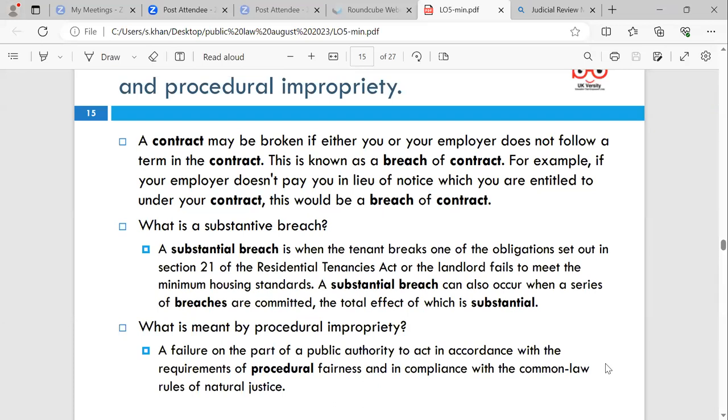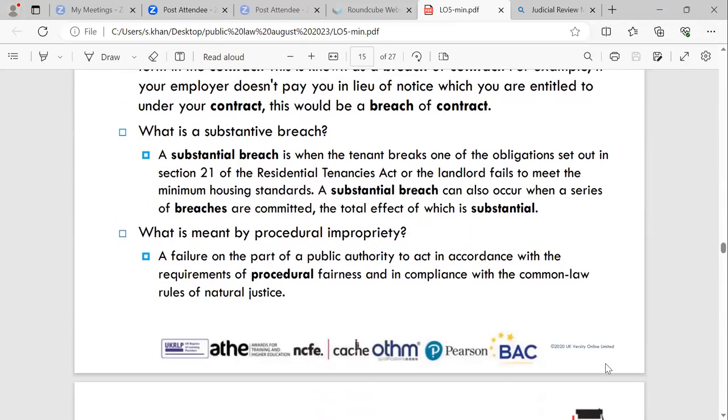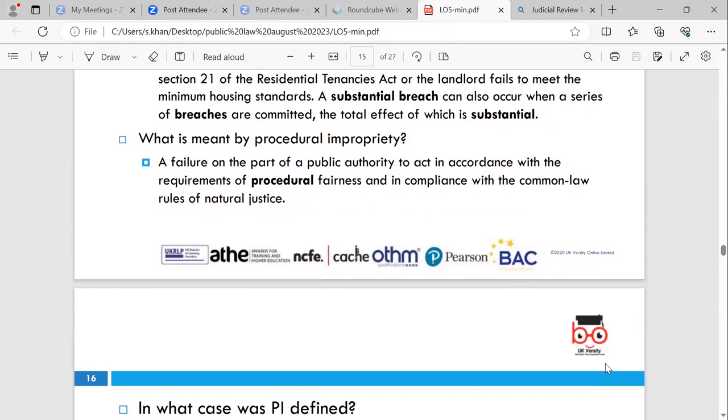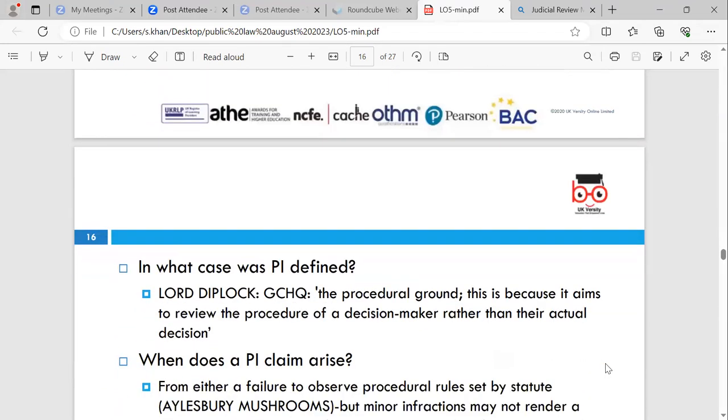Then we've got what is meant by procedural impropriety. And this is a failure on the part of a public authority to act in accordance with the requirements of procedural fairness and in compliance with the common law rules of natural justice.